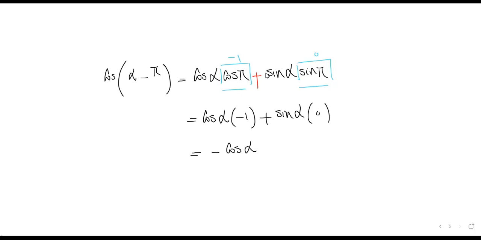As an example, the angle we did was 17 pi over 12. We had to subtract pi from it, as Calvin said. Then if you follow the same identities, you get minus cosine of alpha.